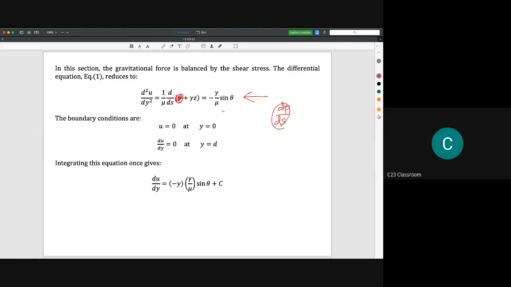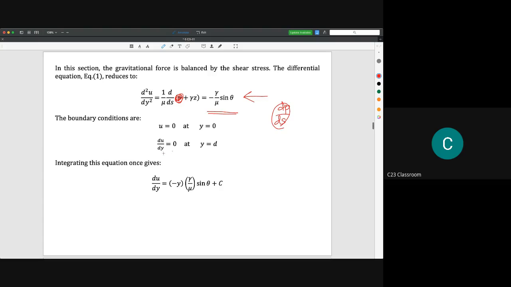Again, we will do our integration using this equation. We have the boundary conditions: at y equal to 0, u is 0, and at y equal to d, du dy is equal to 0.